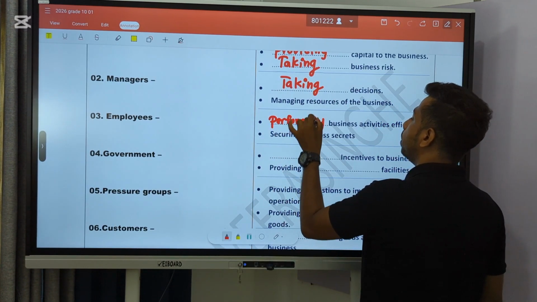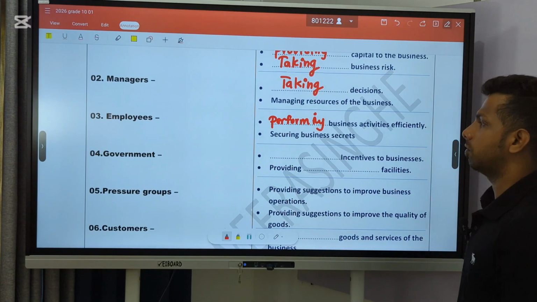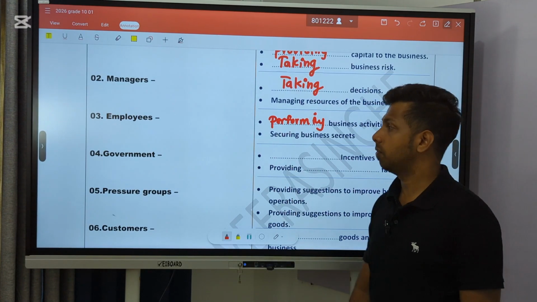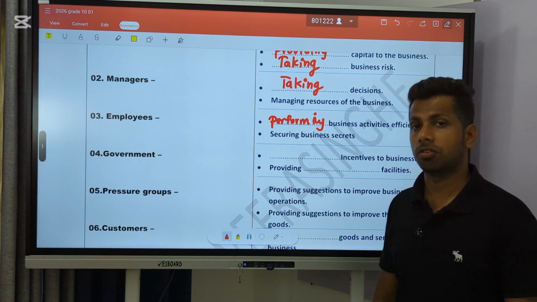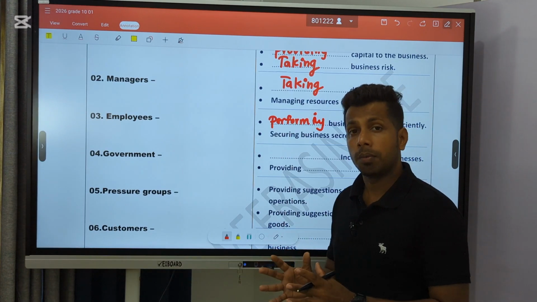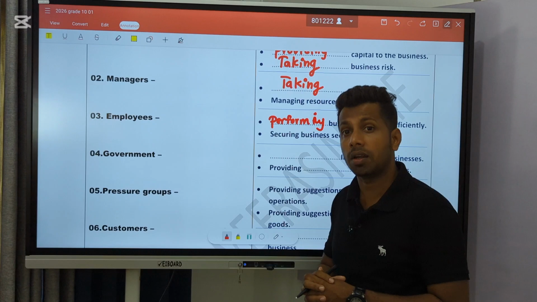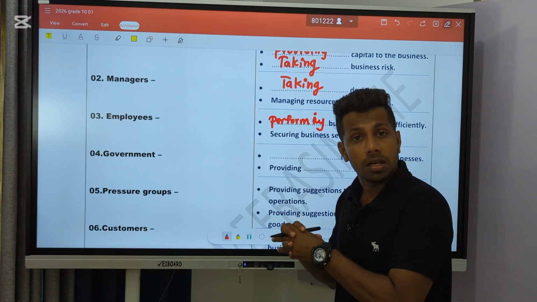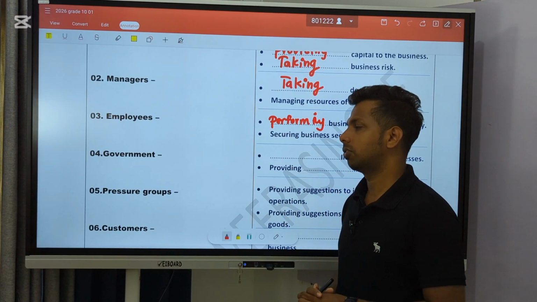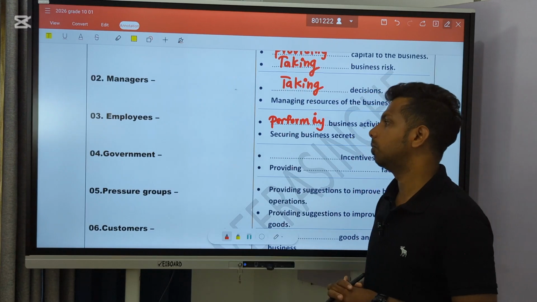Performing business activities efficiently. That is a major contribution. So when they execute business operations, implement business tasks efficiently, that is a major contribution, dear children. We can consider it as a major contribution.